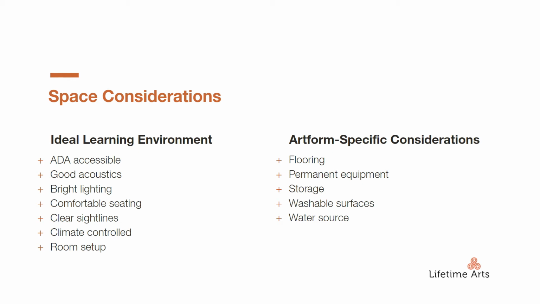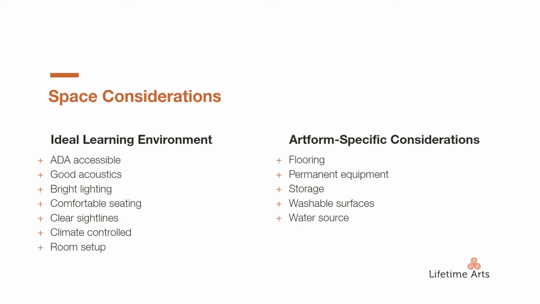Some art forms will also have some specific requirements. For instance, if you'd like to use any water-based visual arts medium, access to a water source and using a space that can get messy will be critical. Or if artwork needs to be stored in between sessions, having a safe place for storage will be necessary.